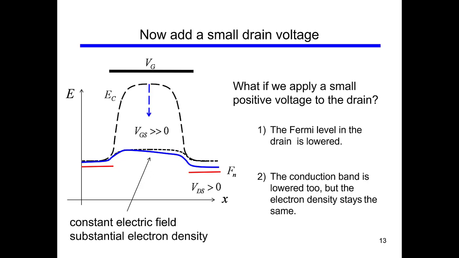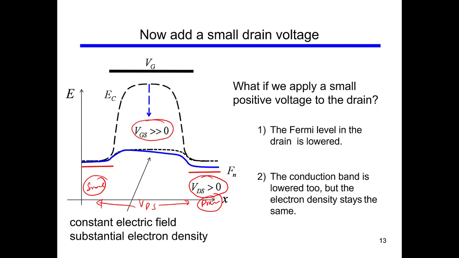Now what happens if we add a small VDS, a small voltage to the drain that is higher than 0? In this case, there is a potential difference that is developed across VDS. So D is at a higher potential than the source. And VGS is also greater than 0, so the potential barrier is low.